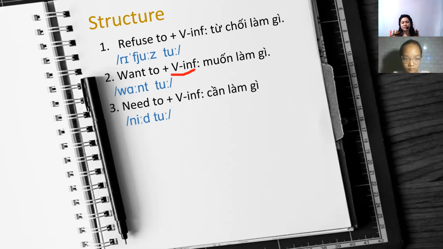I need to study English. I need to improve, learn math.